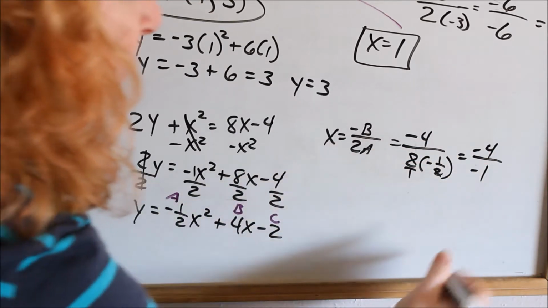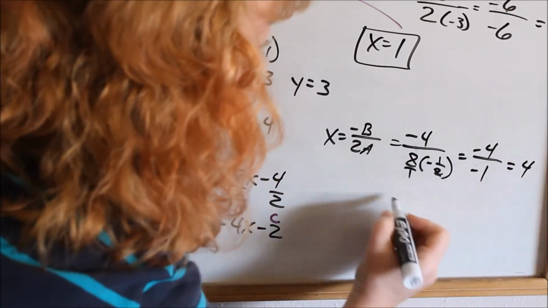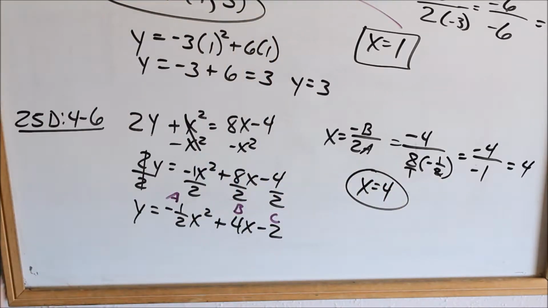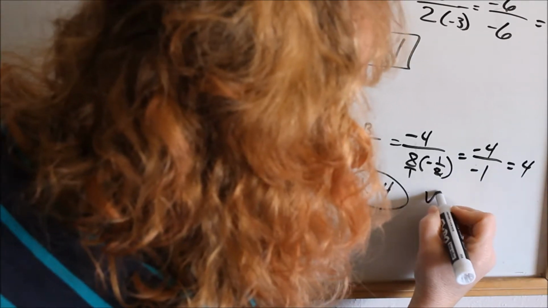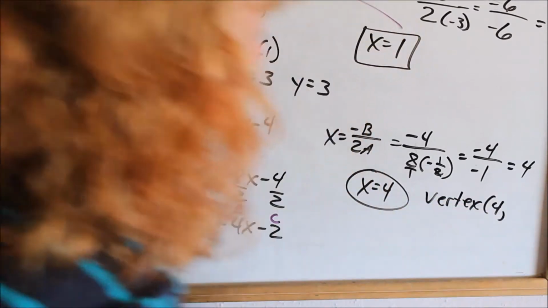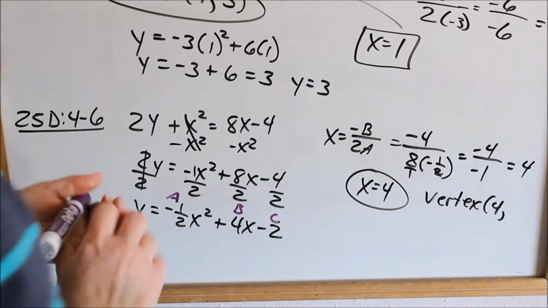Negative divided by negative is a positive, and 4 divided by 1 is just 4, so basically x equals 4. That is my axis of symmetry, but also that is the x-coordinate of my vertex. So I know that my vertex is going to be at 4, something, and I need to find the y-coordinate.